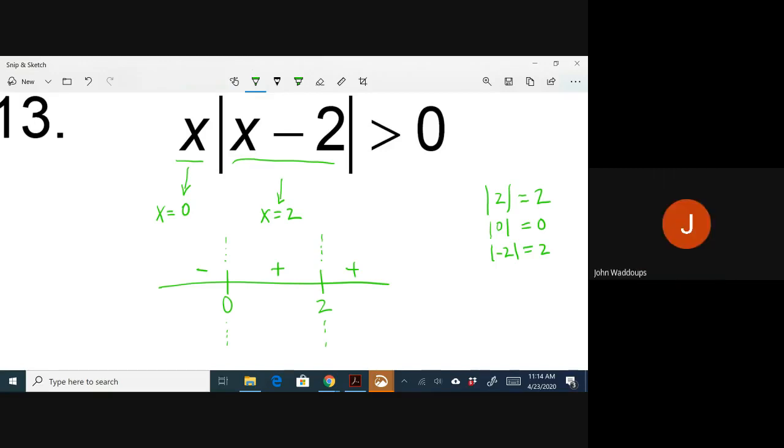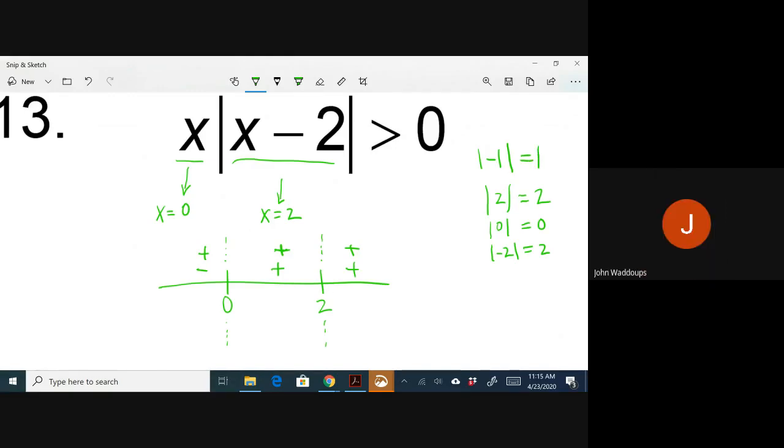Okay. And so at 2, to the left of 2, it would still be positive. This is an exception to the rule. So rather than going negative, negative over here, we're just going to go positive, positive. And the value to the left of 2 would still be positive, because if I take, let's say 1, well, 1 is to the left of 2, right? 1 minus 2 is negative 1, but the absolute value of negative 1 is 1.